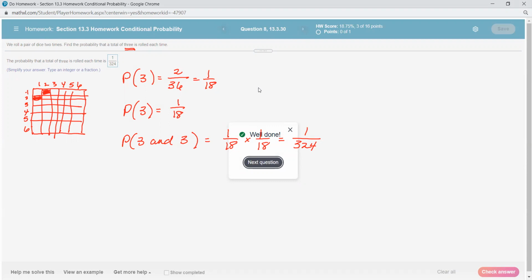And then if you didn't roll a 3 the first time, there's 0 probability of following through. So it really doesn't matter. The probability on the second one of rolling a 3, given that the first one was a 3, is still just the probability of rolling a 3. Because the first roll had no effect on the probability for the second roll.